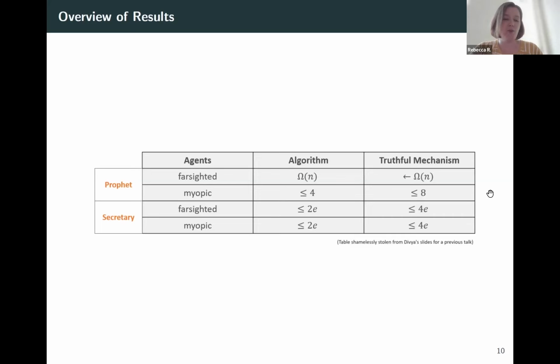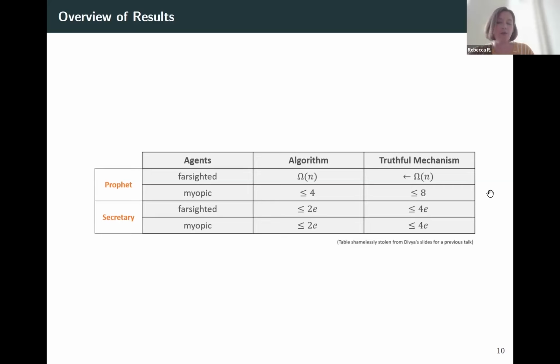We also can do pretty nice constants for secretary settings. And here, it doesn't really matter if agents are farsighted. I will also try and explain later why not. And we also get nice constants, which also note are basically the optimal constant from the original setting times 2. And finally, what we also did was look at truthful mechanisms.